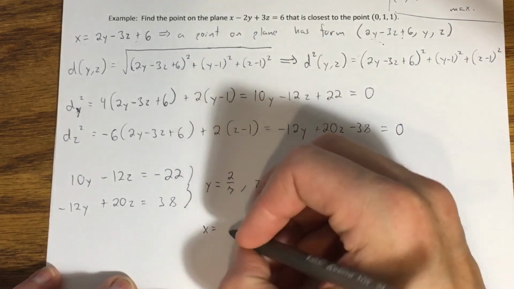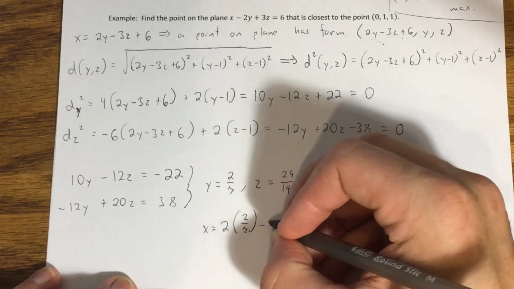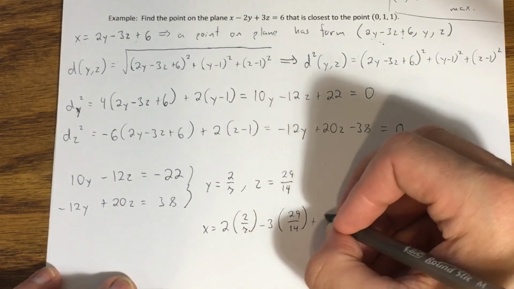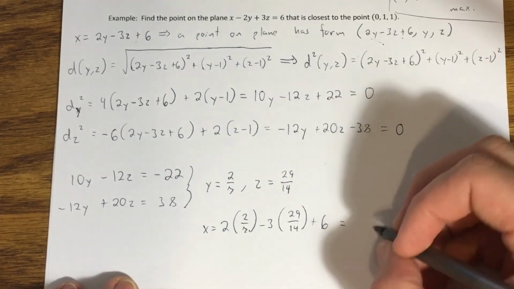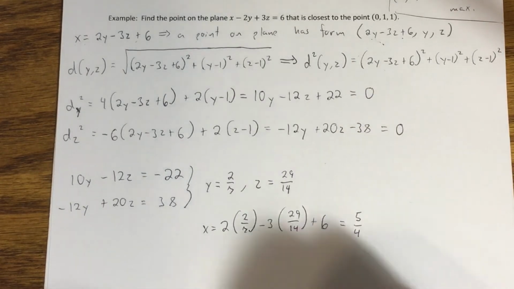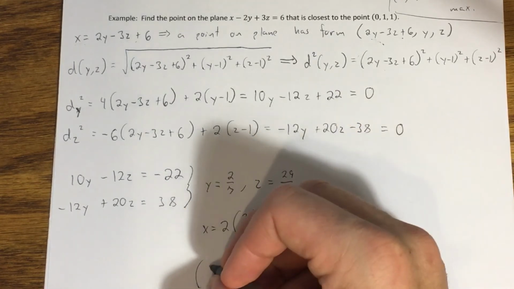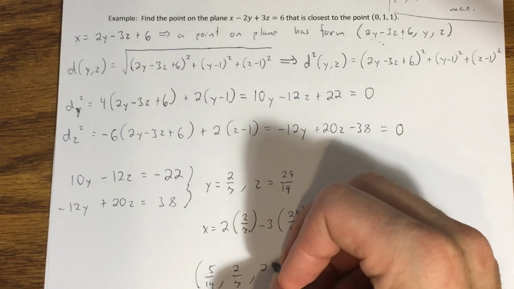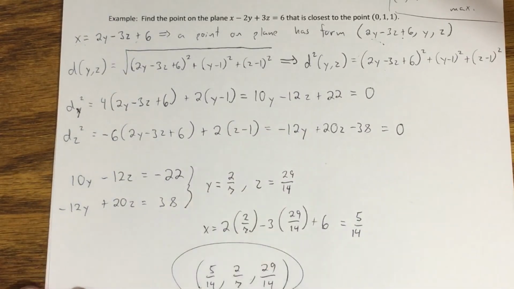So x is equal to 2 times y, which is 2/7, minus 3 times 29/14, that's our z, plus 6. Skipping the lengthy arithmetic there, we should end up with a value of 5/14 as our answer. And so that means the point that we just got out of this work is 5/14, 2/7, 29/14. Now I'm going to say done.